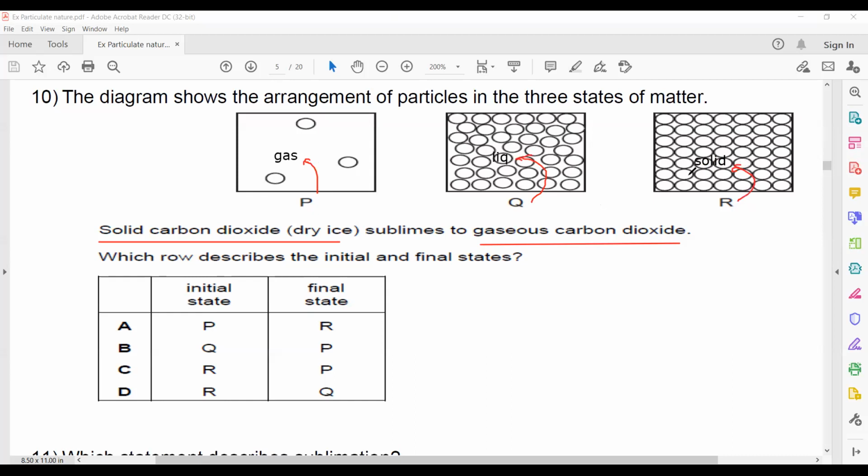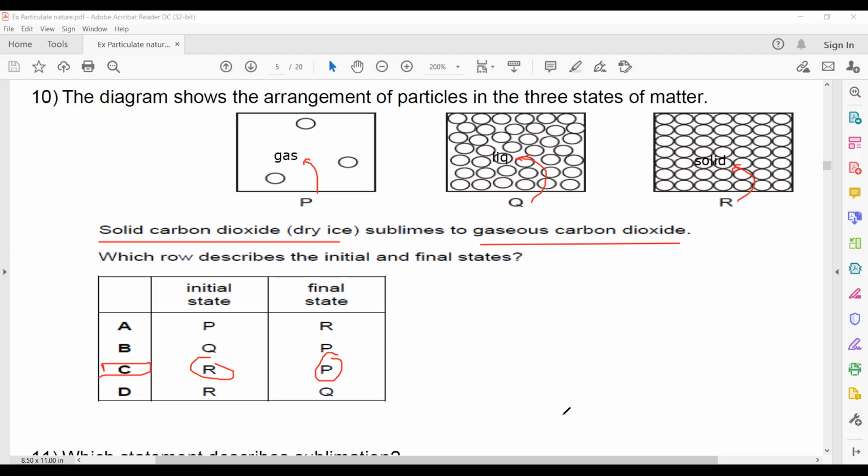So instead of writing solid, liquid and gas, they use the terms P, Q and R. So the initial state was solid, so it was R, and the final state, because it sublimes, is P. So C is the right answer for this question.